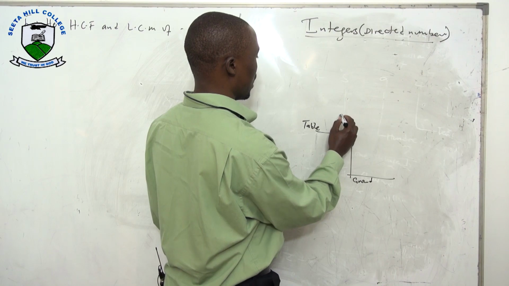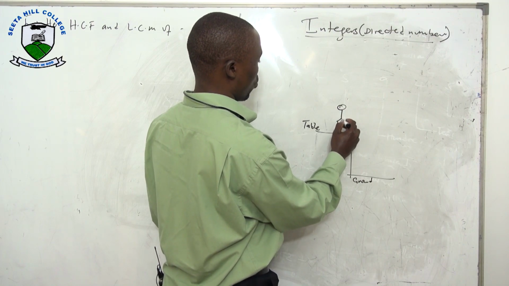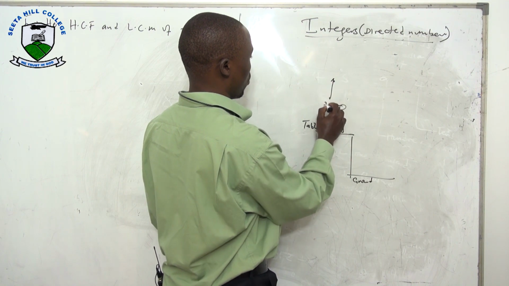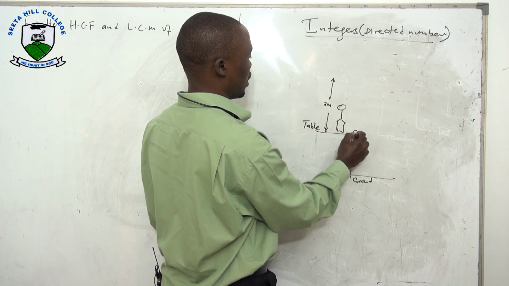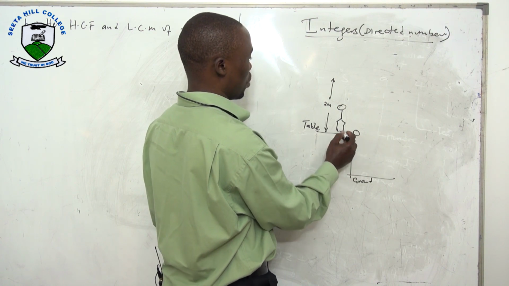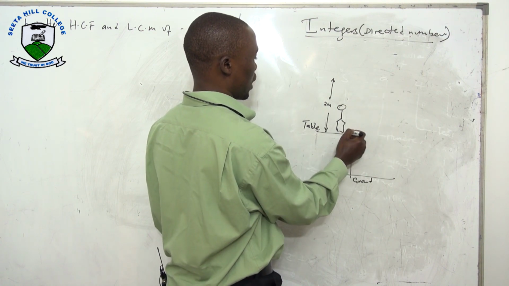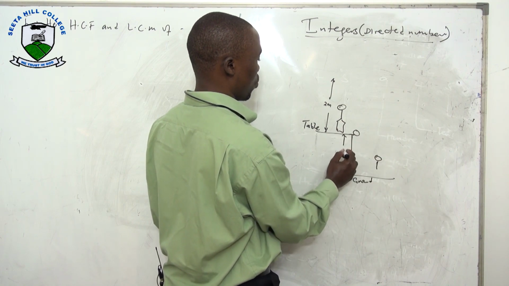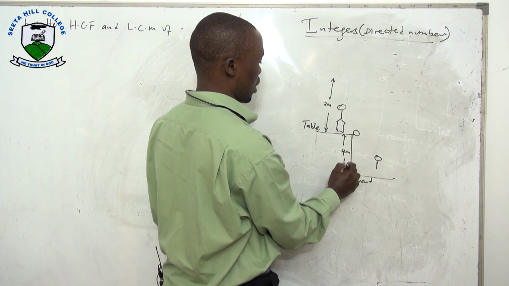You jump in the air some 2 meters, and this is the 0 point. Then instead of falling back here, you fall here, and this one is around 4 meters.